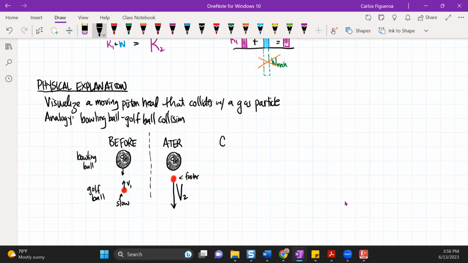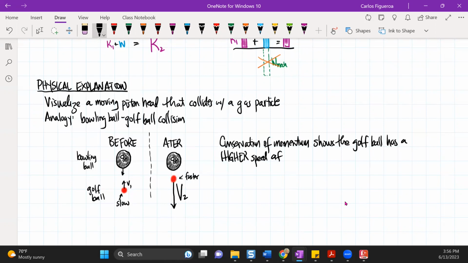So using conservation of momentum, or I could have used the work energy term, but I think conservation of momentum is a little bit cleaner, shows the golf ball has a higher speed after the collision.